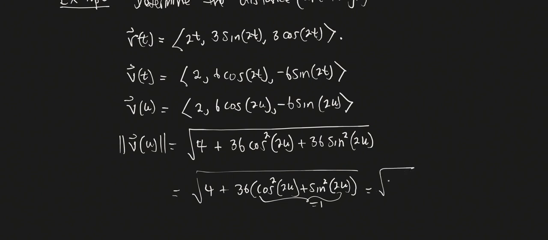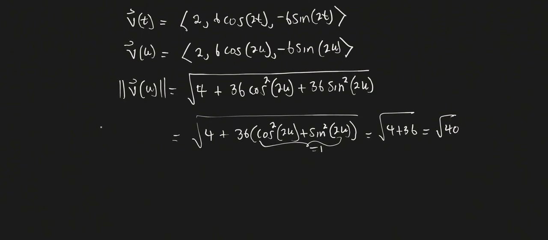But it doesn't always work out like that, right? So in this case, we have the square root of 40. Let me just leave it as the square root of 40 for now. We can simplify it in a bit.